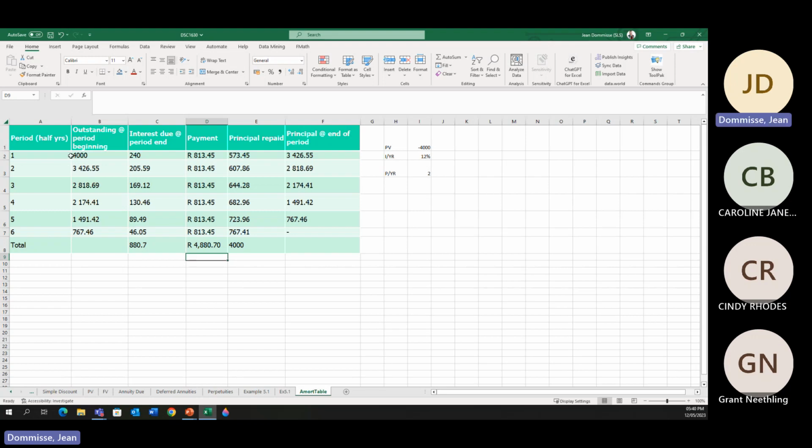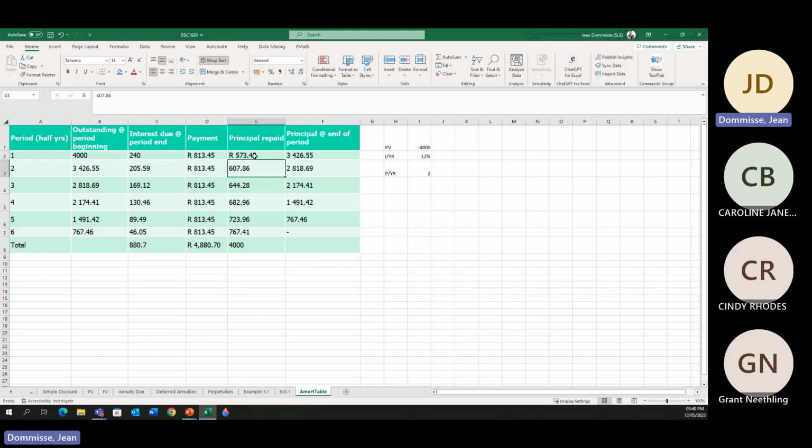Okay, so we've calculated the interest, we've calculated the payment. So the principal repaid is basically the difference between those two.